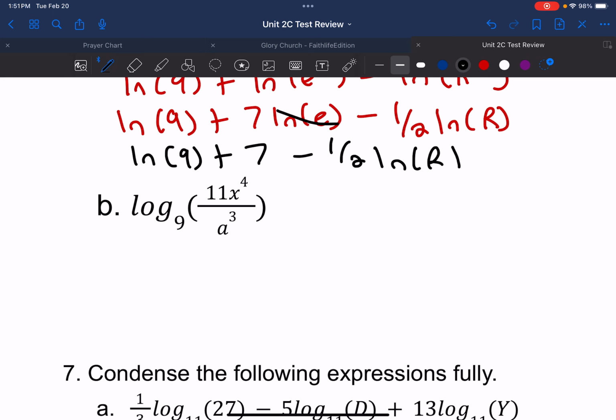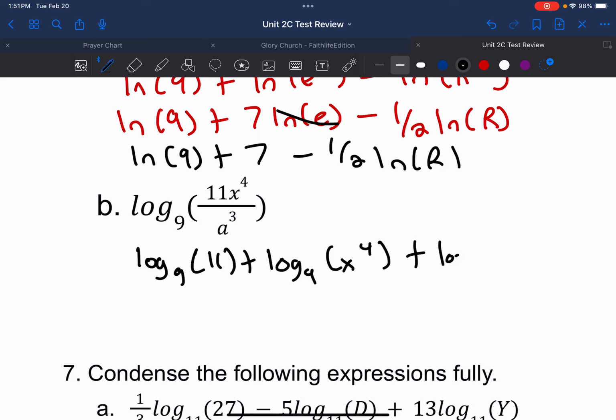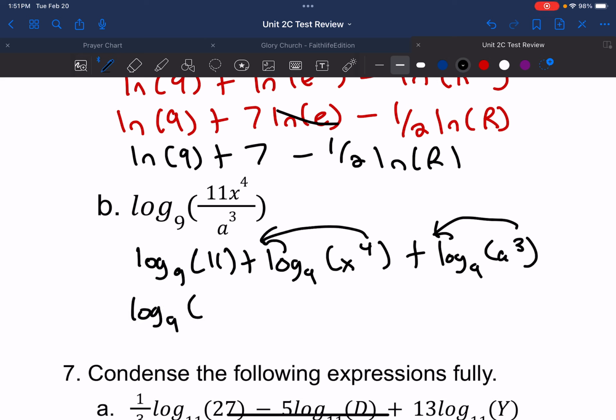So I'm going to break this apart, the top into addition. Move it to the front, move it to the front. Log base 9 of 11 plus 4 log 9 of x.